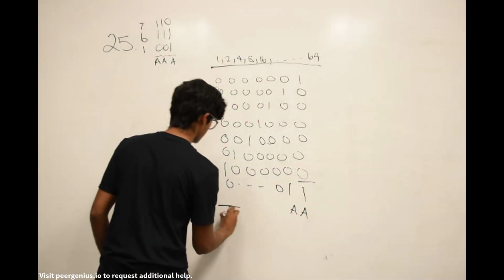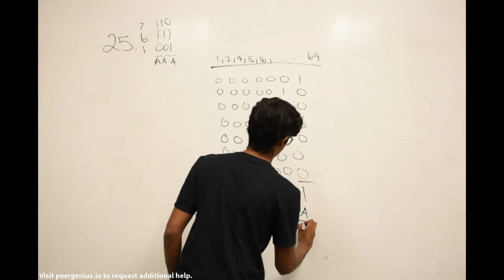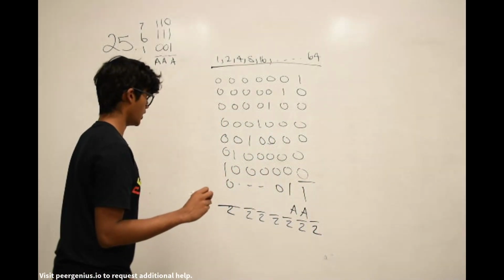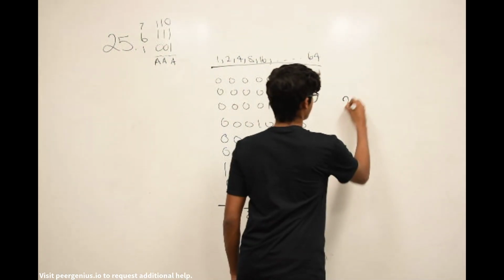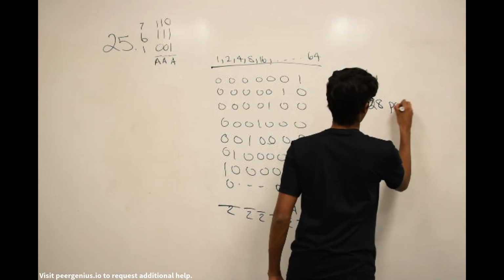So in each of the 7 columns, you have 2 possibilities. That means in all you have 2 to the 7, which is 128 possibilities.